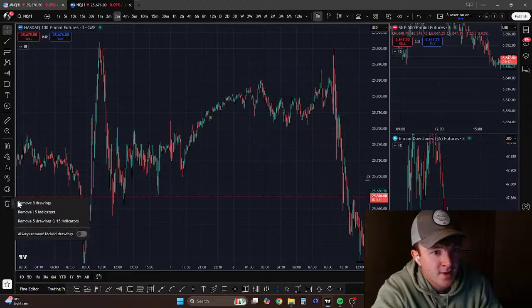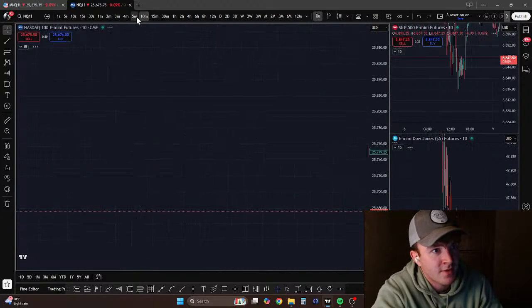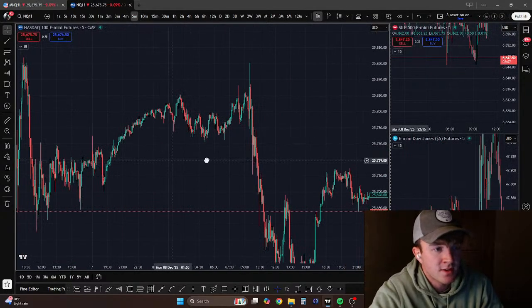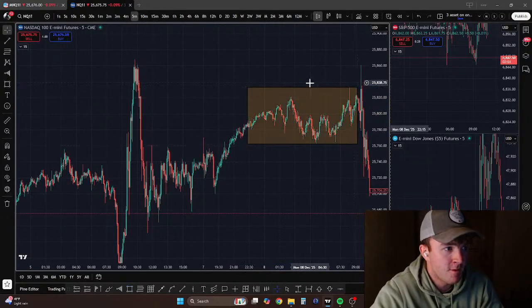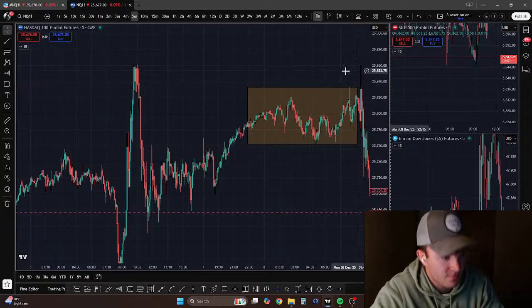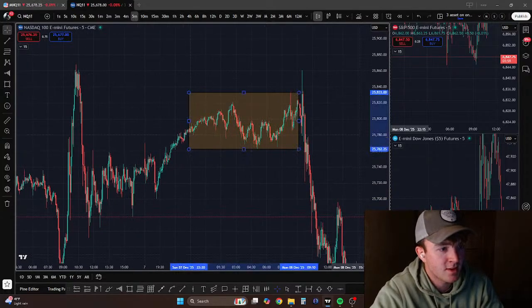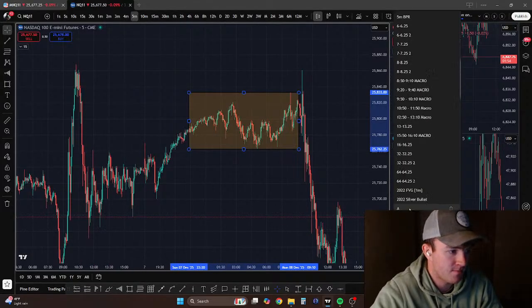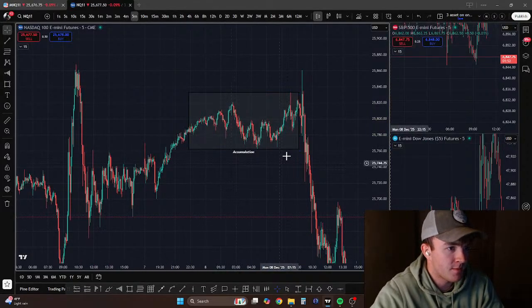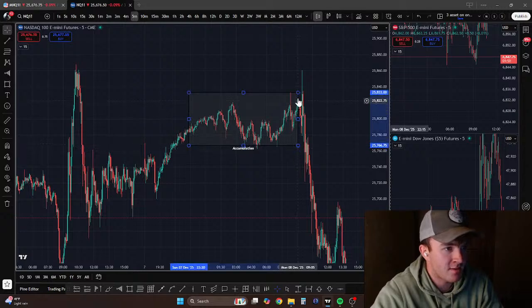From a daily profile standpoint, Monday was just a very easy AMD day. Right? We have accumulation, market open manipulates, once again, very textbook, and then we deliver to the drawn liquidity, which was these low resistance lows. It's like it always makes sense why market does what it does.